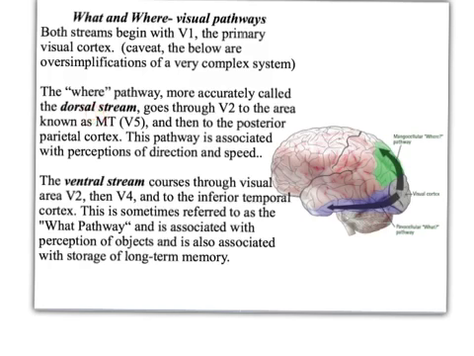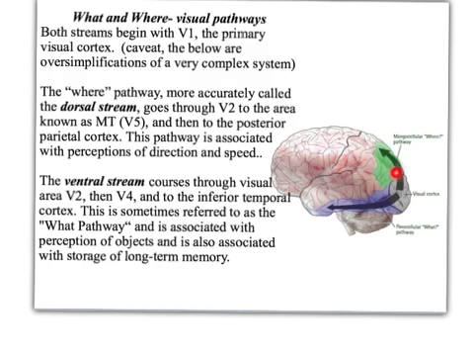And that's the dorsal stream, so that lies above. The ventral stream, down here, ventral being belly, being below, courses through visual area V2 and then V4, and then to the inferior temporal cortex, which is right in here. This is the what pathway, and it's associated with perception of objects and also associated with storage of long-term memory.